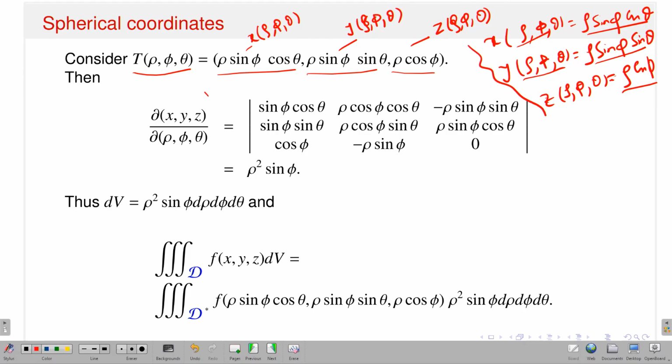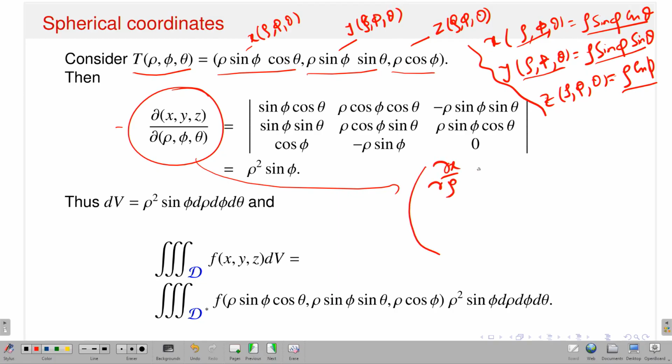So then what you have to do? You have to just calculate this Jacobian, that means del x del rho, del y del rho, del z del rho. Okay, I think I should write it. This is the 3 cross 3 matrix we will get: del x del rho, del x del phi, and del x del theta.